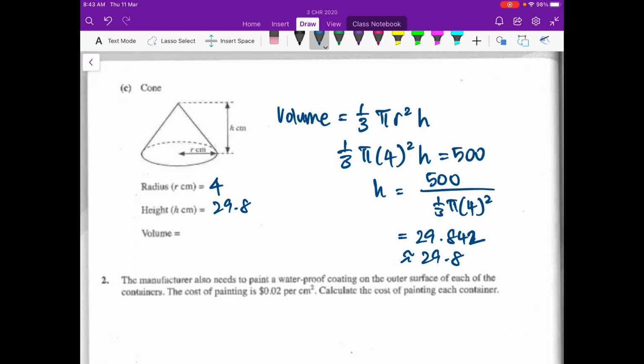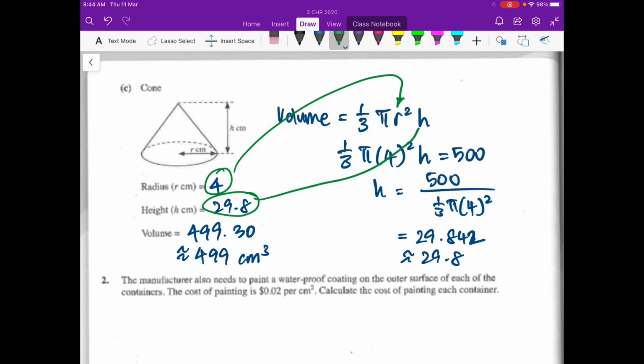So let us find out the actual volume with these two values. So this gives me 499.30. Hang on, I substitute. So the 4 goes in here and the height goes back here. So if the value is exact, we will get back exactly 500. But there is some rounding off, so we don't expect to get back exactly 500.